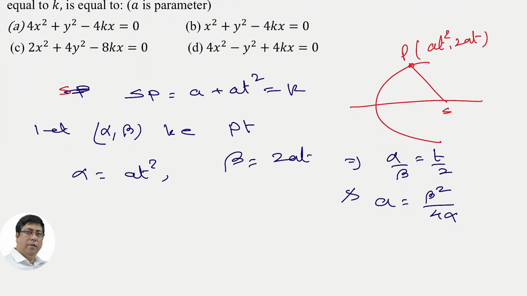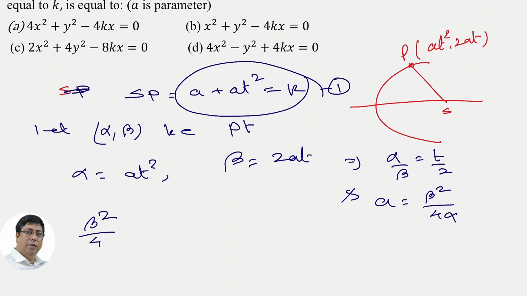So substituting all these values, just suppose this is 1, substituting all these values in 1, we are getting a into 1 plus t square, it is beta square by 4 alpha into 1 plus 4 alpha square by beta square equal to, we are getting what?